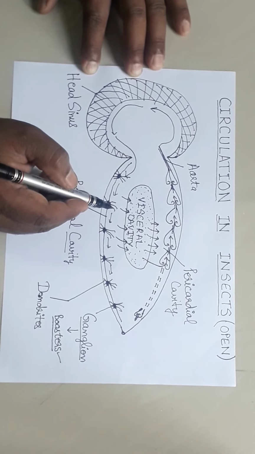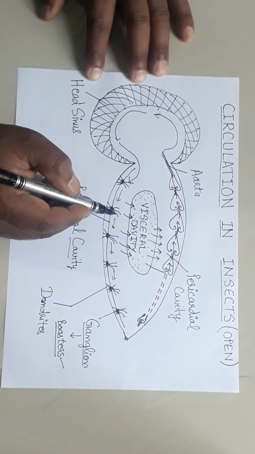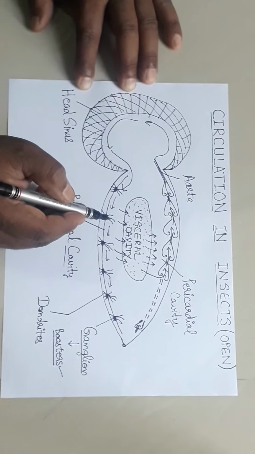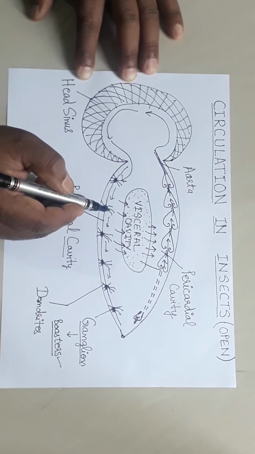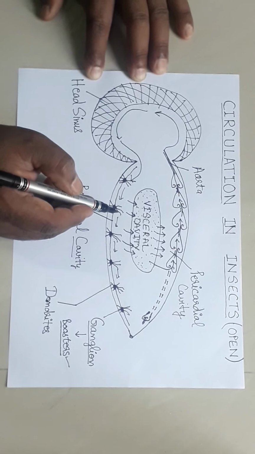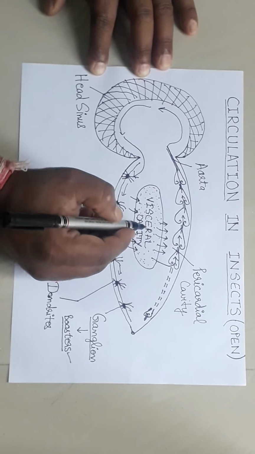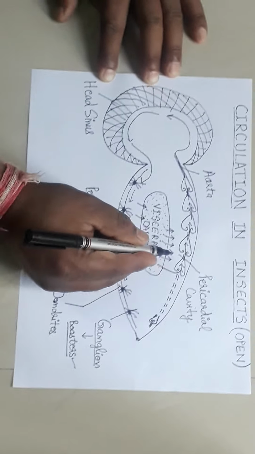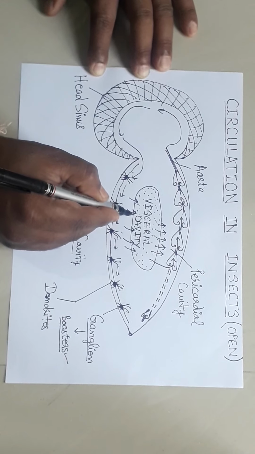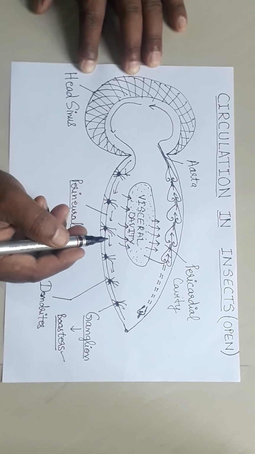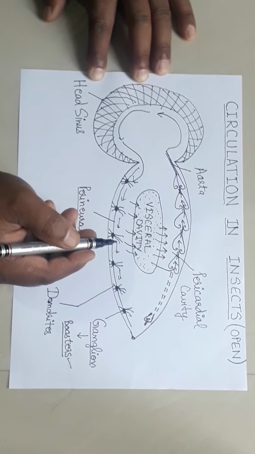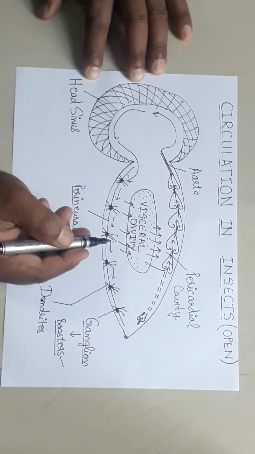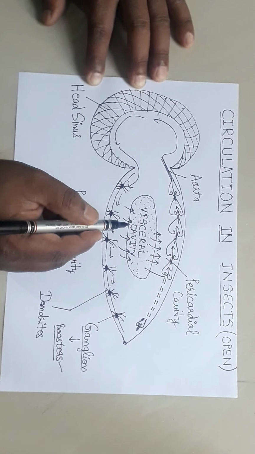In house flies and cockroaches, you might have observed they slightly move their wings when they are at rest. At that time, a little bit of movement takes place through the visceral cavity. They are passive, not active. This activity is carried out just so that the cells can carry out metabolism.